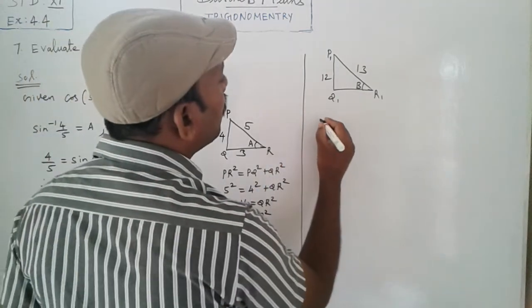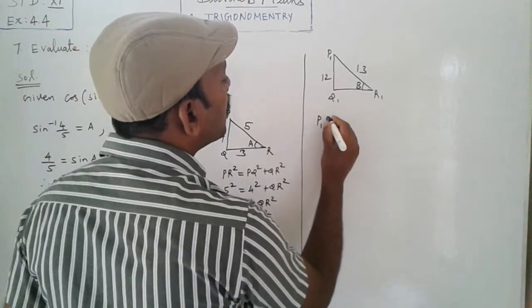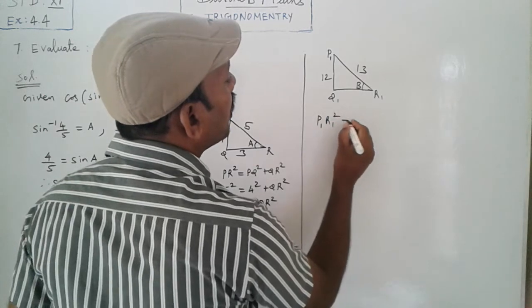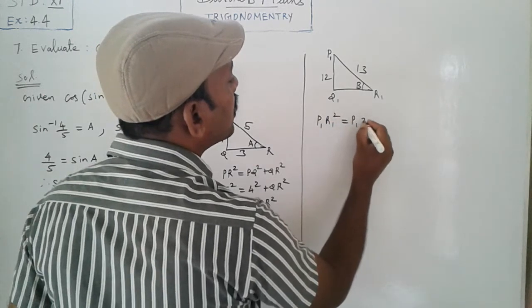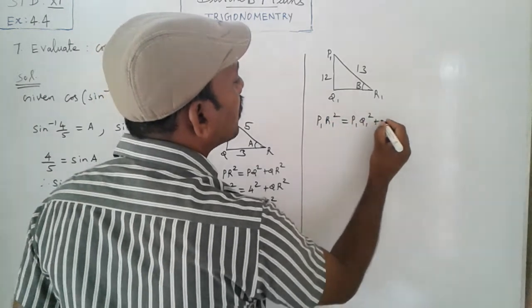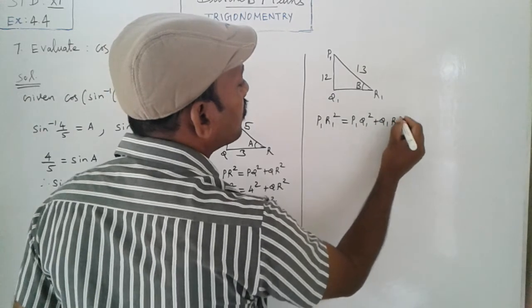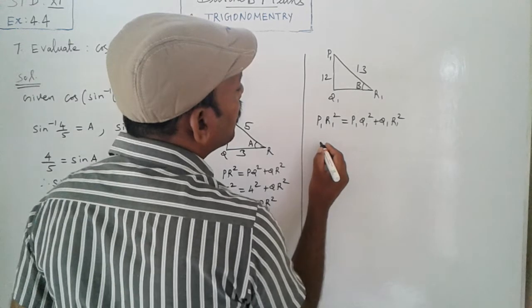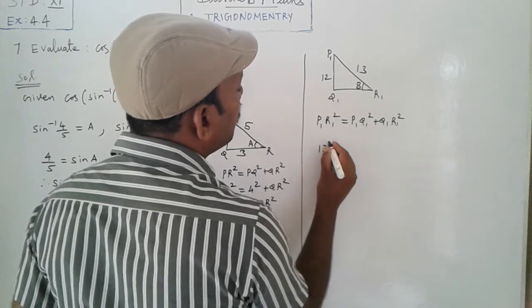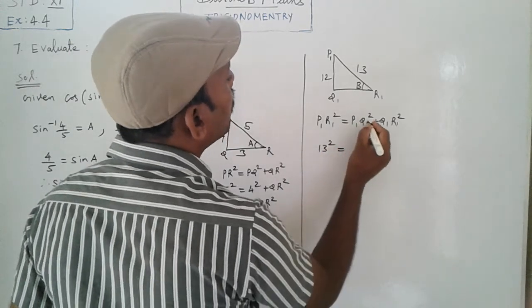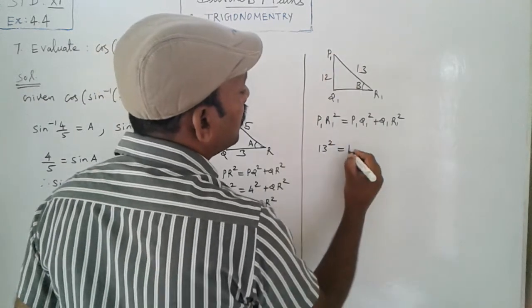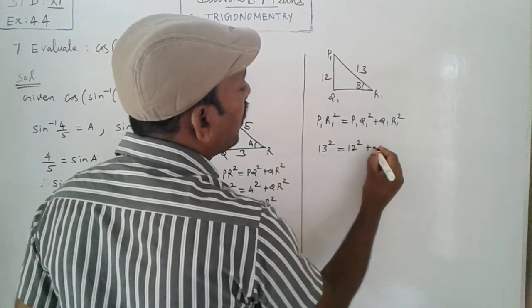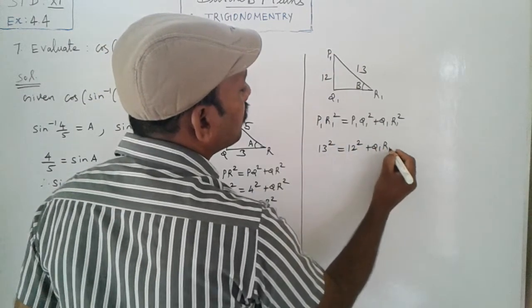We know the formula: P1R1 square equal to P1Q1 square plus Q1R1 square. Then P1R1 square is 13 square equal to P1Q1, 12 square, plus Q1R1 square.